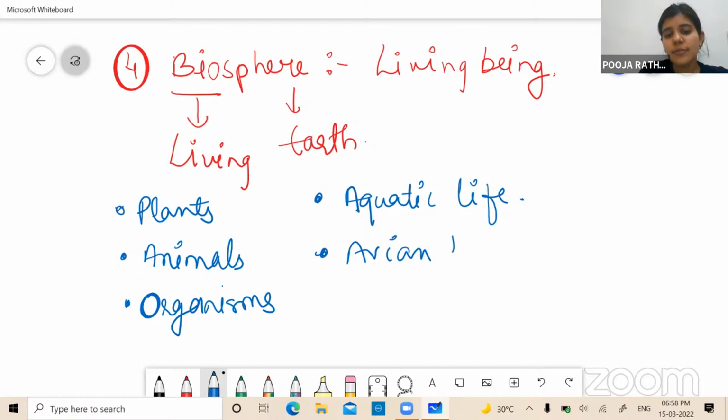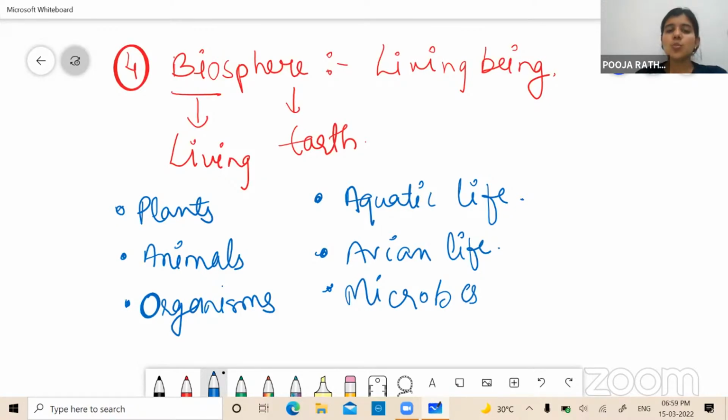What is avian life? Avian life are those who spend most of their time in the atmosphere or air, like birds. These all come under the biosphere. We can say microorganisms or microbes also. When these things live in a particular area, that area will be called the biosphere.